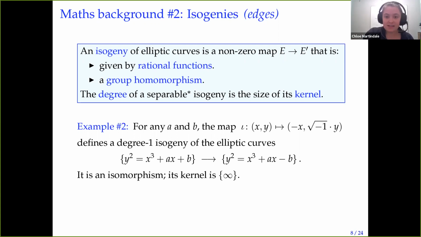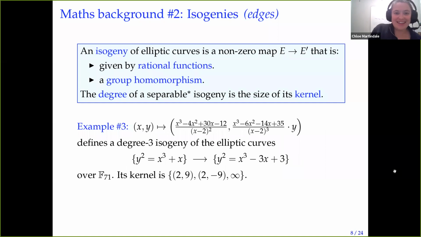Okay, I think I have one more example that's just a little bit more complicated to show that it's not always so easy. So here's another example of a rational map. Here you actually see the rational thing coming in, where you've got a quotient of polynomials, but it's still just polynomials in the numerator and the denominator.